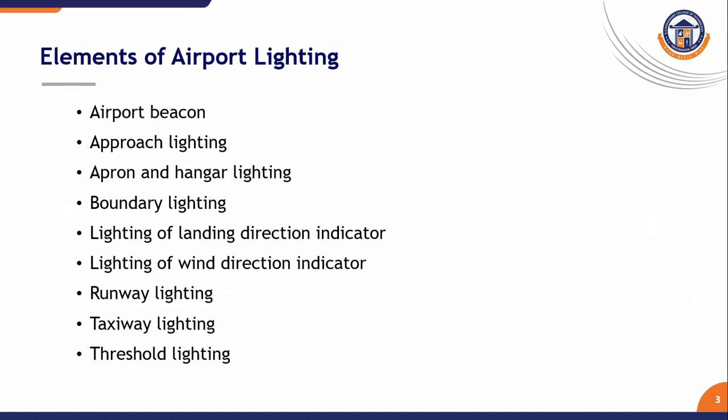The elements of airport lighting are airport beacon, airport approach lighting, apron and hangar lighting, boundary lighting, lighting of landing direction indicator, lighting of wind direction indicator, runway lighting, taxiway lighting, and threshold lighting.